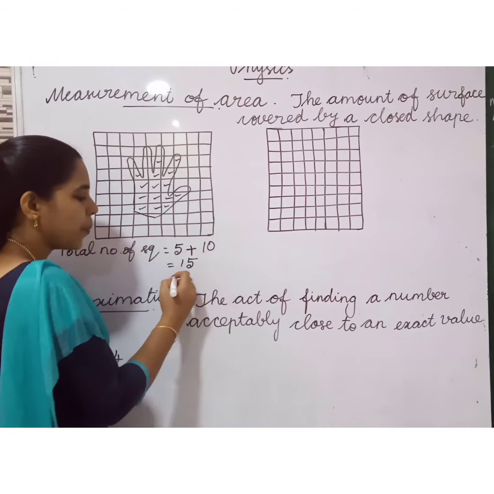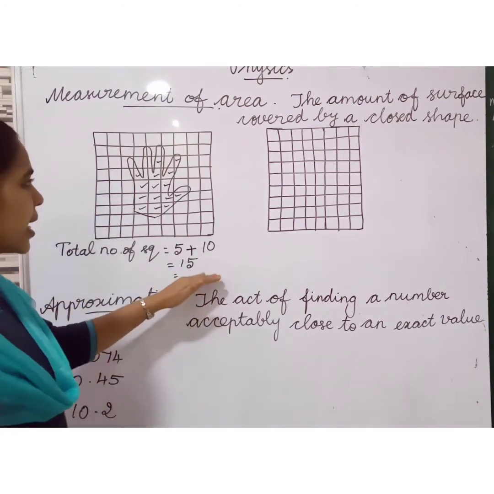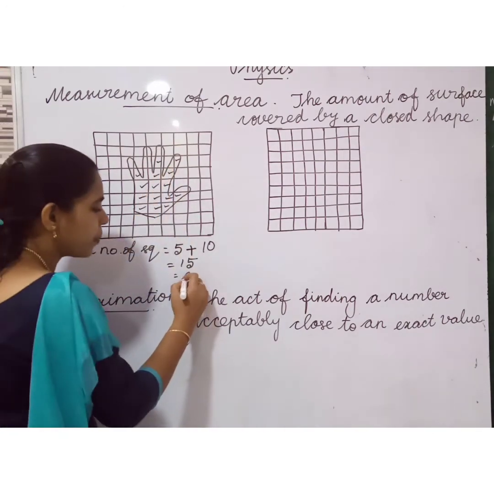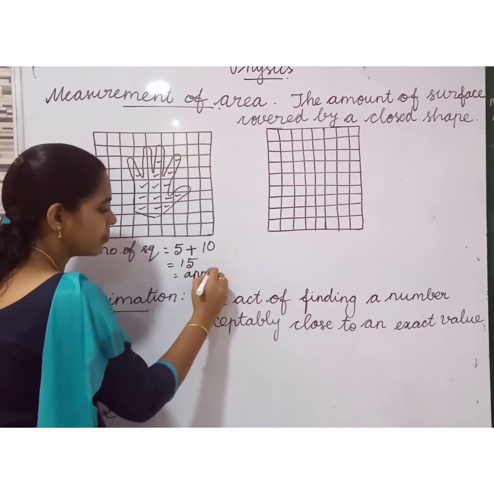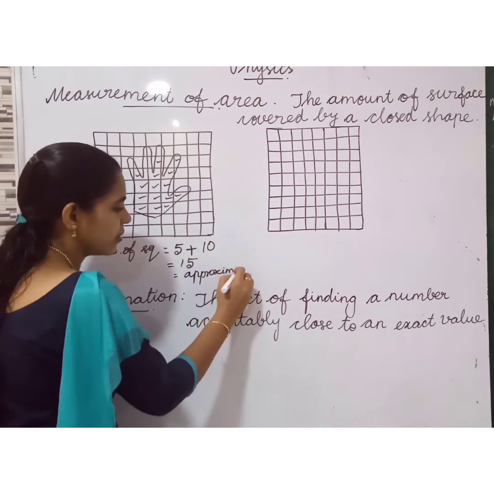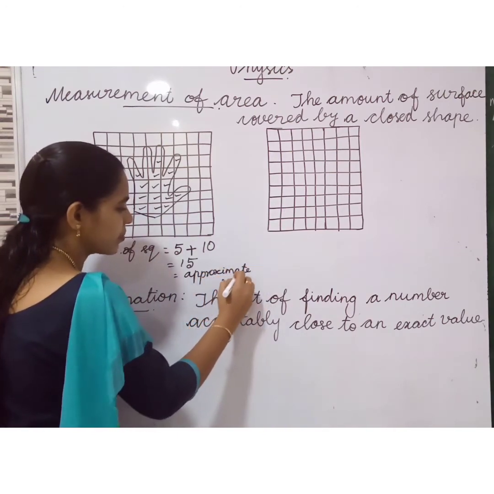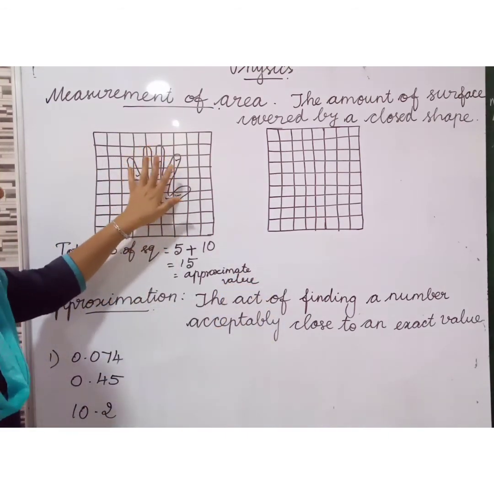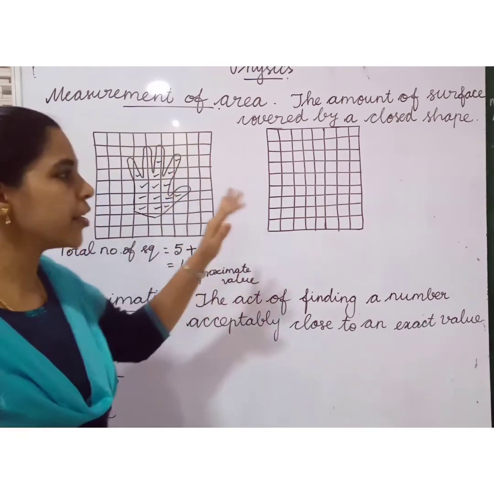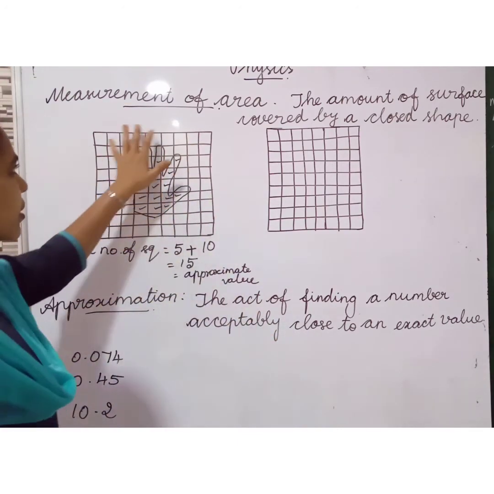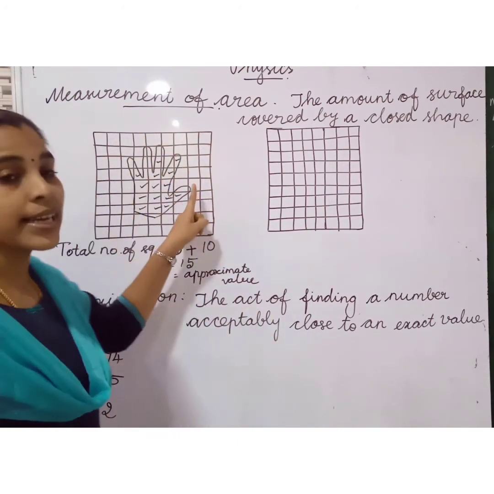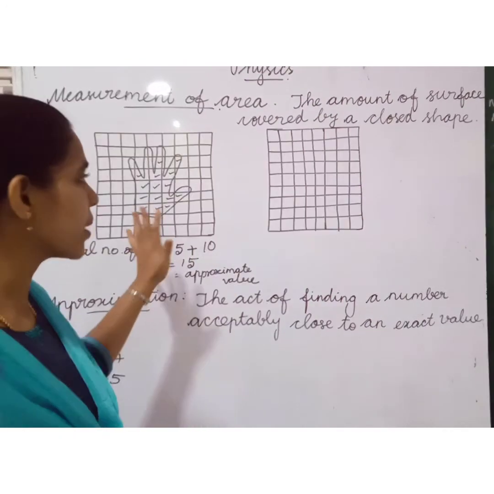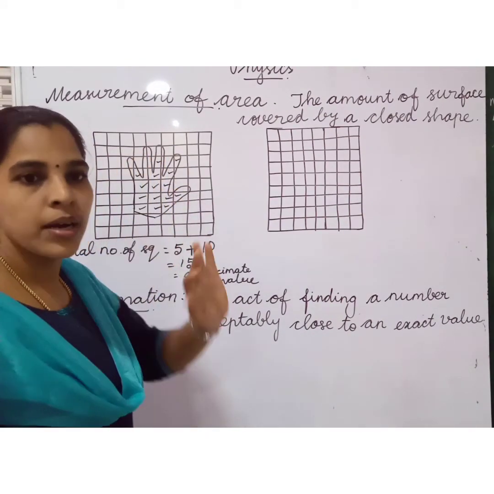This is the approximate value of the area. This is the area of the palm. In your home, you have to find it using your hand. Next, use the graph paper and find the area of your palm.